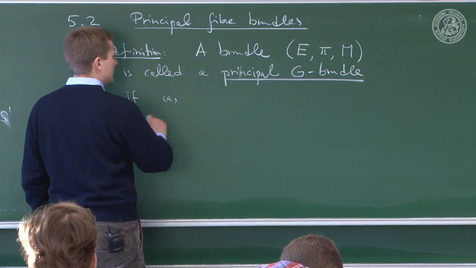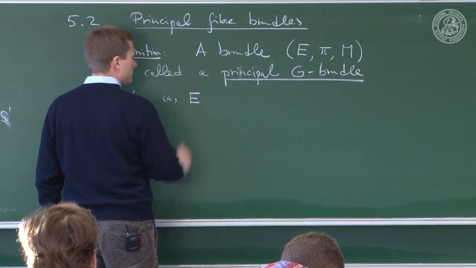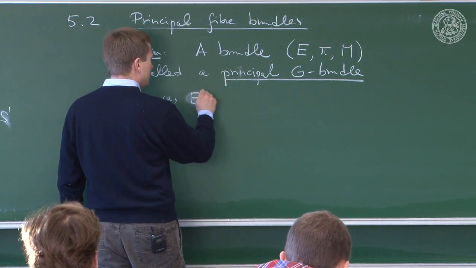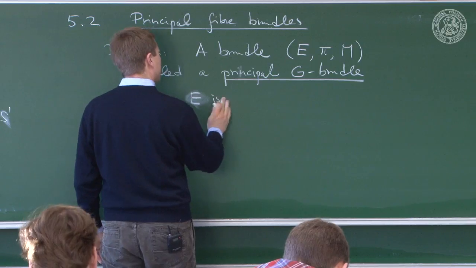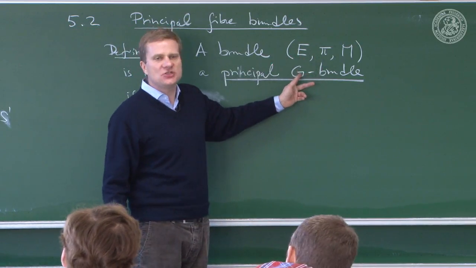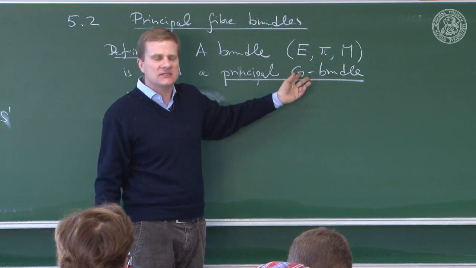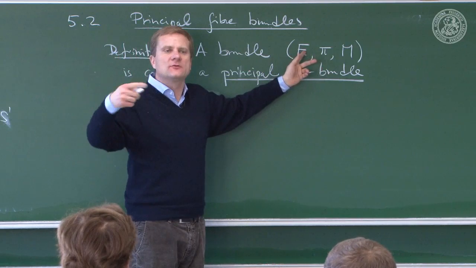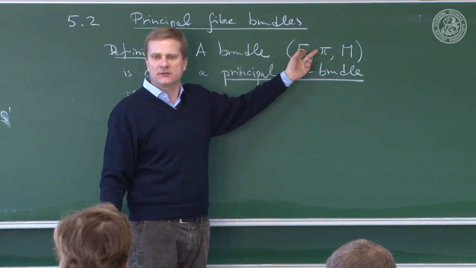You need that E is, okay, there's this terminology that one says E is a right G space. But what is a right G space? That means you have E equipped with a right action of G on it.